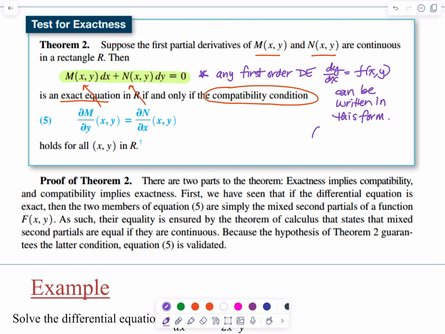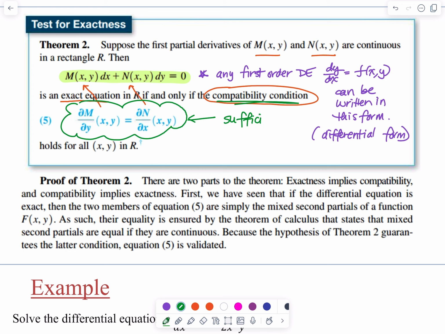This is a differential form, and there are a variety of ways to do this. Okay, so this here, the compatibility condition, is actually sufficient for the differential form to be exact.